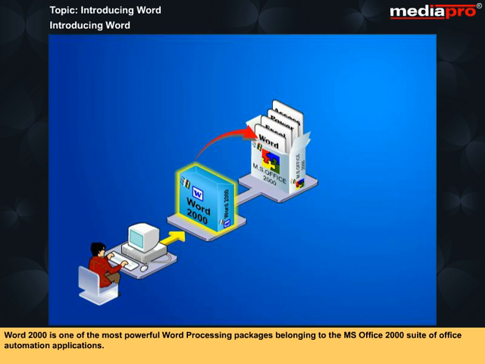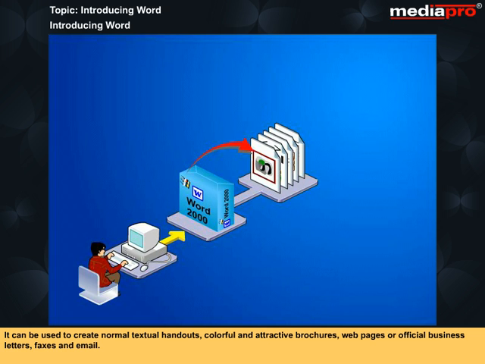Word 2000 is one of the most powerful word processing packages belonging to the MS Office 2000 suite of office automation applications. It can be used to create normal textual handouts, colorful and attractive brochures, web pages, or official business letters, faxes, and email.